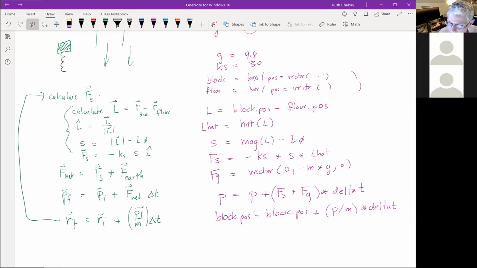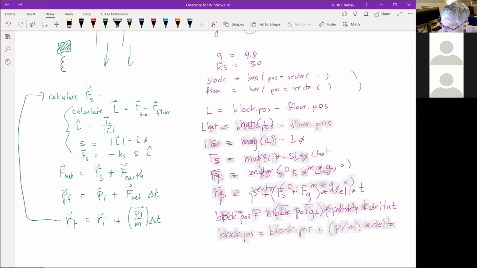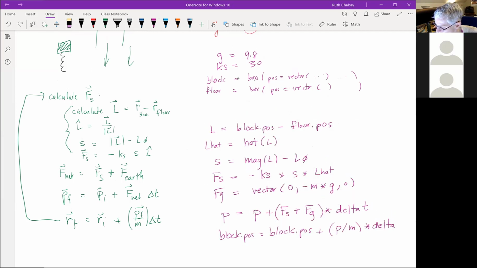So we'd probably want to put this block of code here in a loop while, I don't know, time is less than 10 seconds or something.